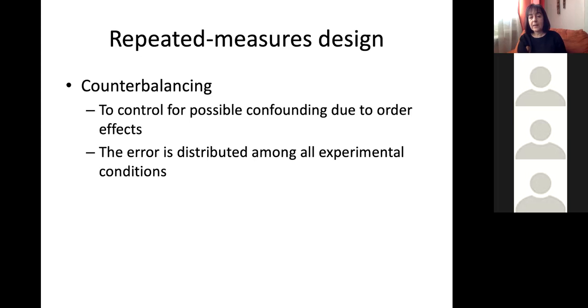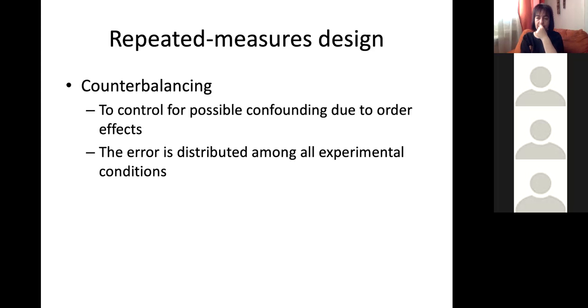And then there are some techniques that could be used in order to counterbalance the error. And we discussed them last time. So we could have counterbalancing techniques within individuals or between individuals. Does it make you remember some of those techniques?